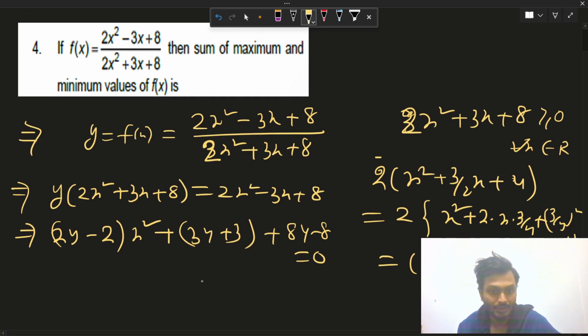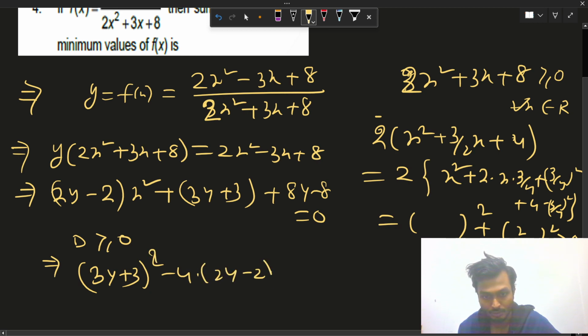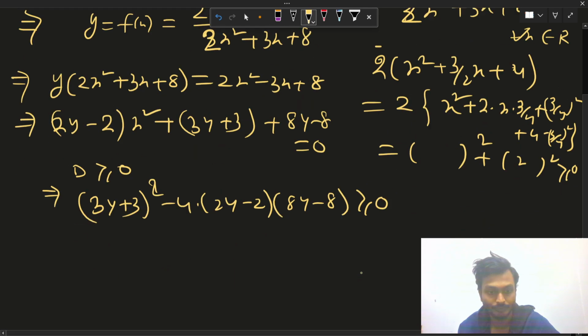Now to find the real value of x, the discriminant must be greater than or equal to 0. So D greater than or equal to 0. That means b square, so (3y plus 3) whole square minus 4 into (2y minus 2) into (8y minus 8), this will be greater than or equal to 0, right?